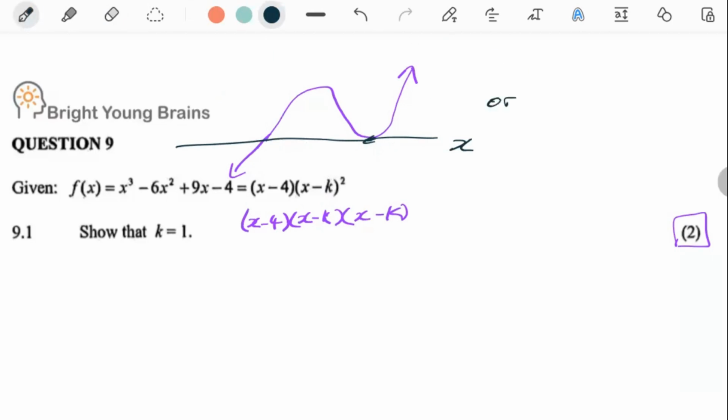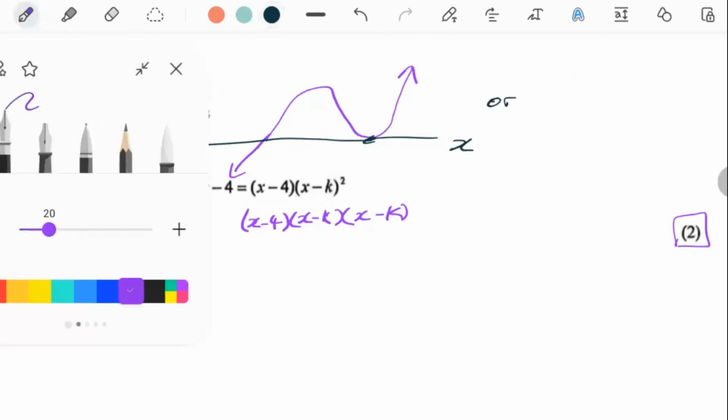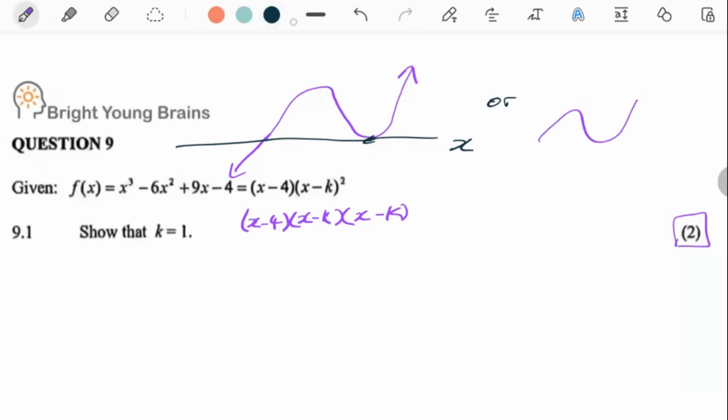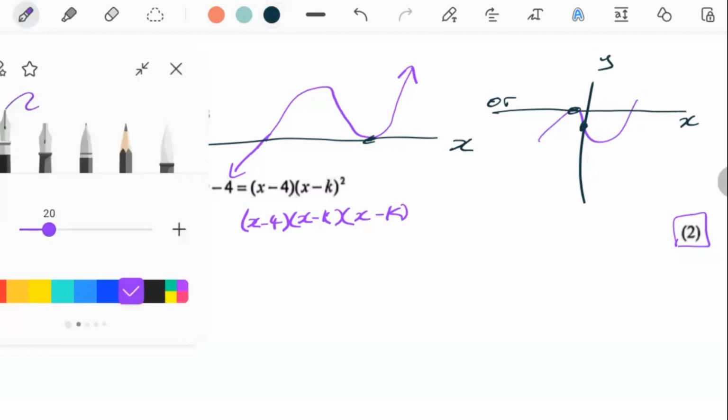Or you could have a scenario where your x-axis is there, where your graph ideally looks something like this, where you have the y-axis here and then the x-axis over there. So this is the scenario that we could easily be thinking of when we are trying to visualize this graph.